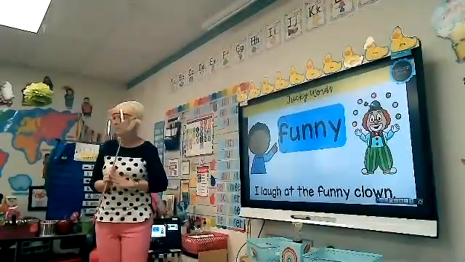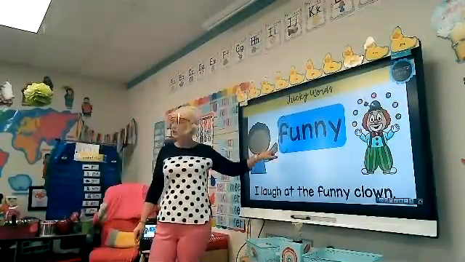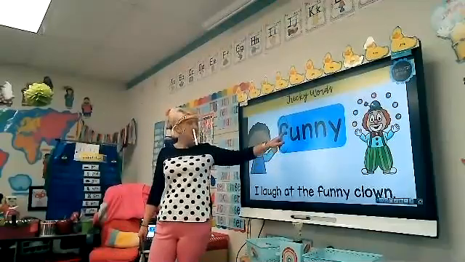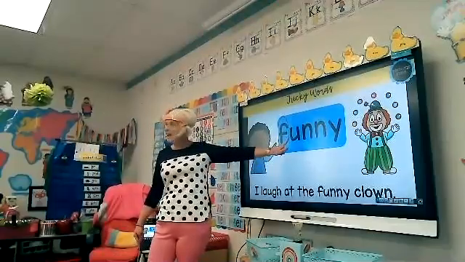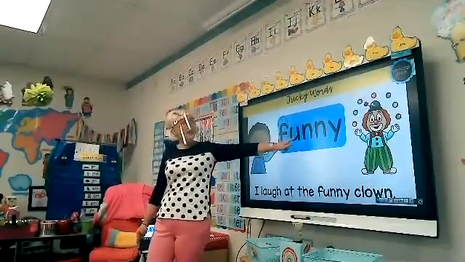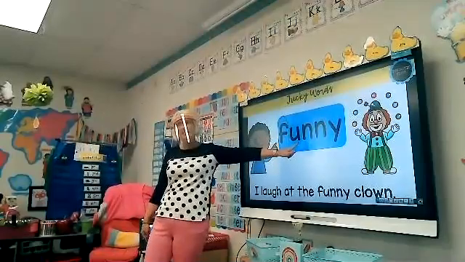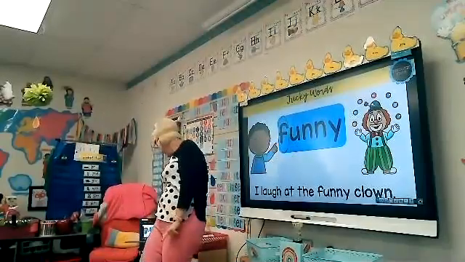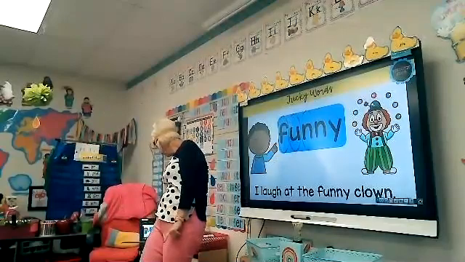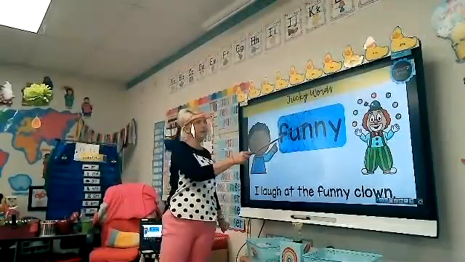Now look. The F in this word does say its sound, the U in this word does say its sound, the one N says its sound, but there are two N's.